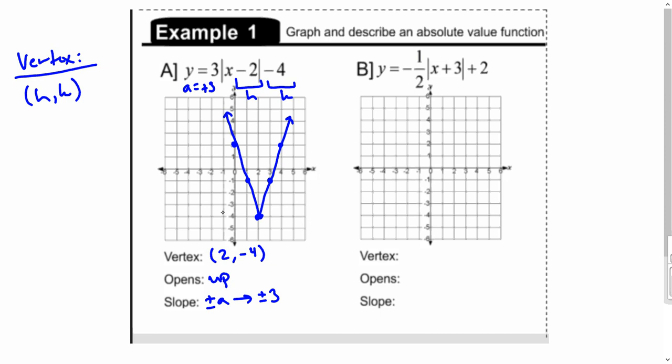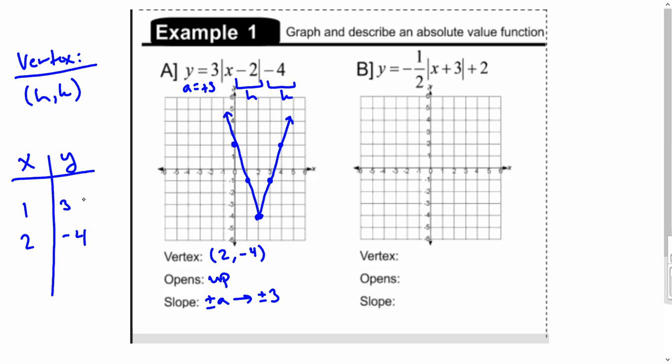Could you make a t-chart to do this? Sure, by all means. You could have an x and a y chart. You already know that the vertex is going to be the point (2, -4). So we could pick a number that's less than 2, say 1, and plug it into the function.